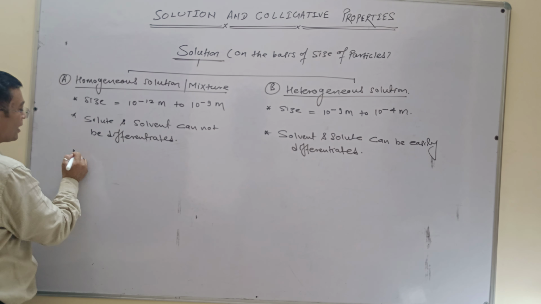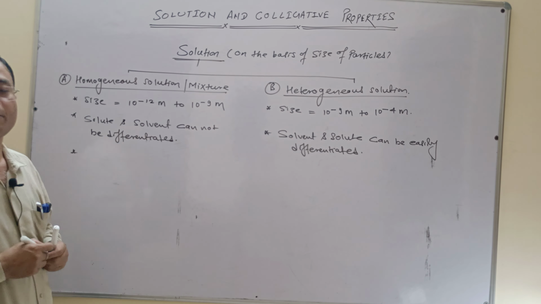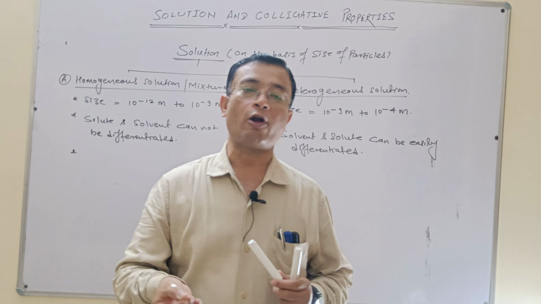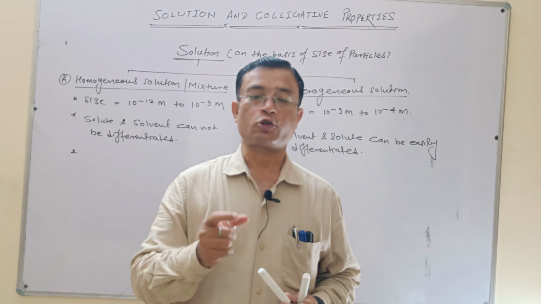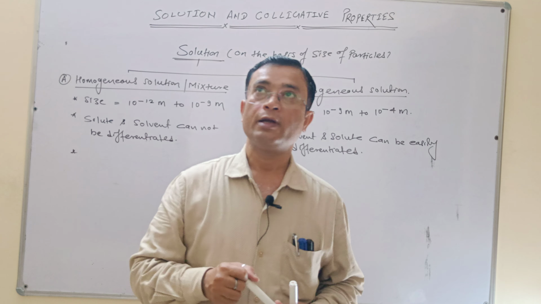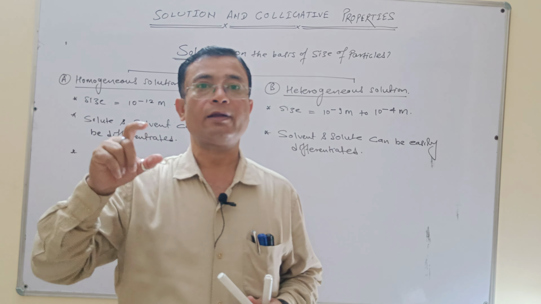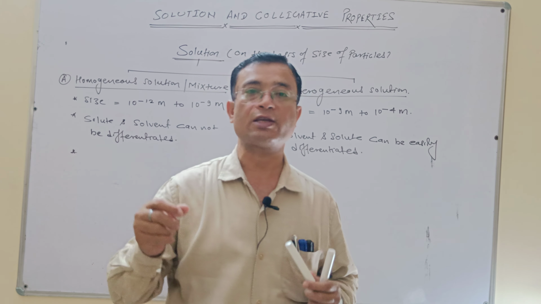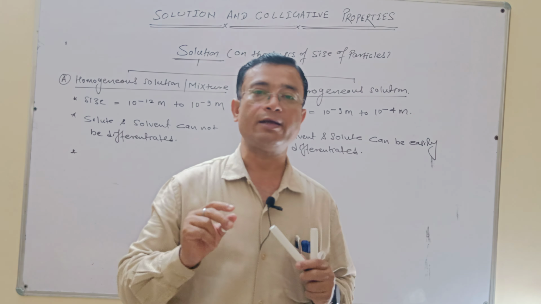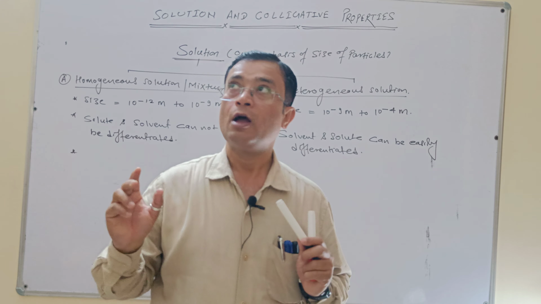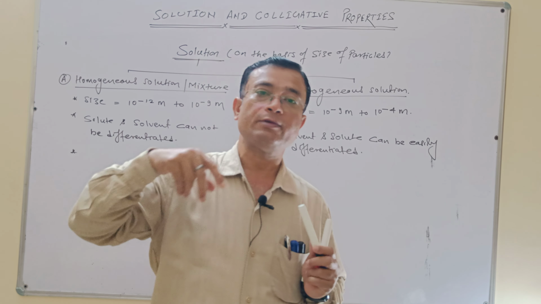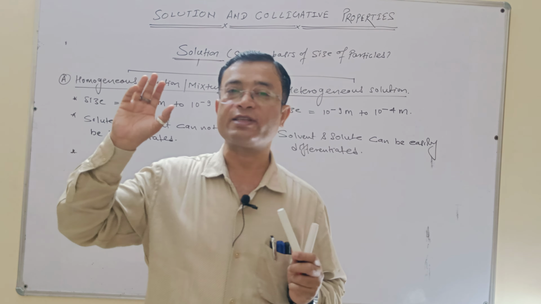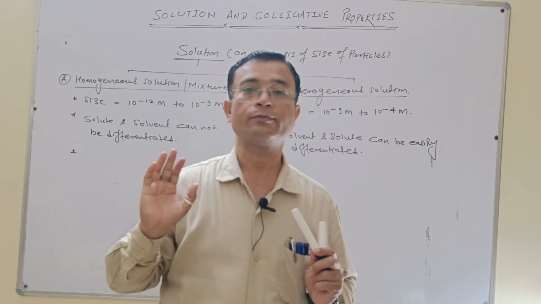What are the examples of homogeneous solution? Sugar dissolved in water, salt dissolved in water. In atmospheric air, there are different types of gases like nitrogen, oxygen, CO2, ammonia, sulfur dioxide, sulfur trioxide. All the gases are present in the same phase, and none of the gases can be differentiated easily by the naked eye.